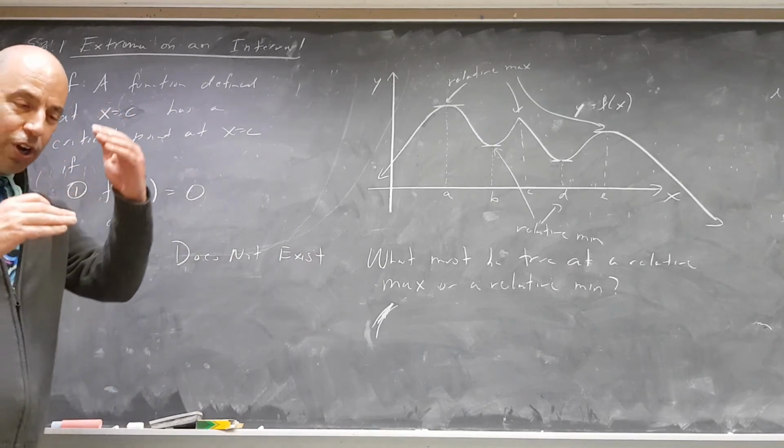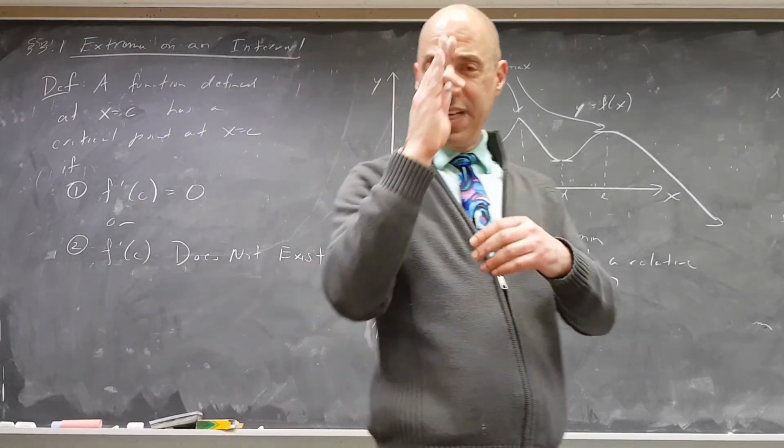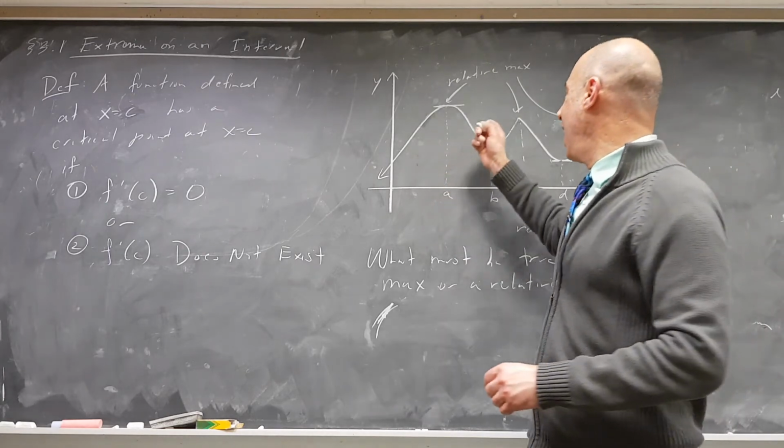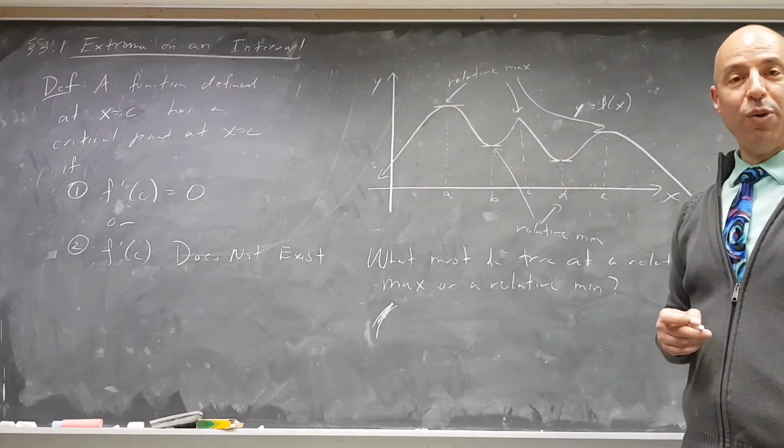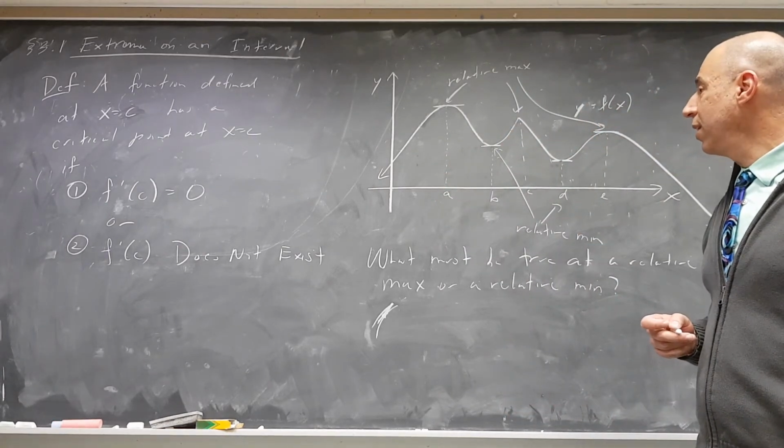Which either means the curve is broken there, or maybe it has a vertical asymptote, or as in this picture, it has a sharp turn.